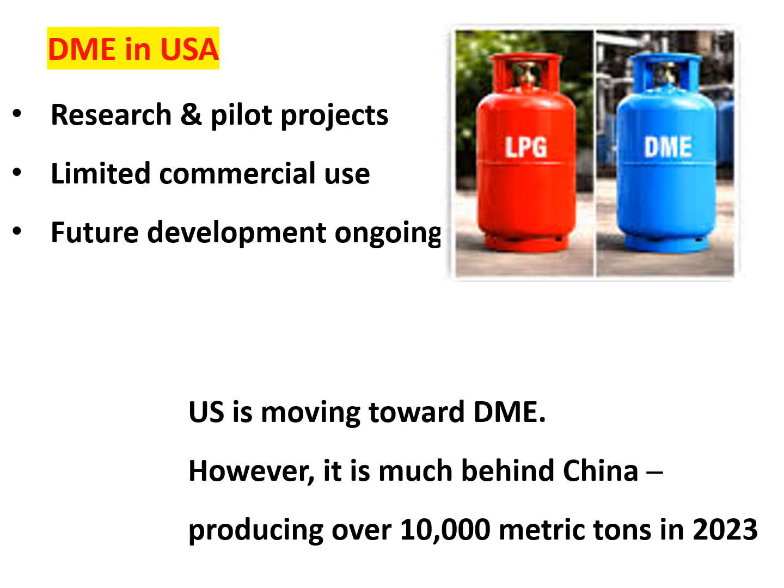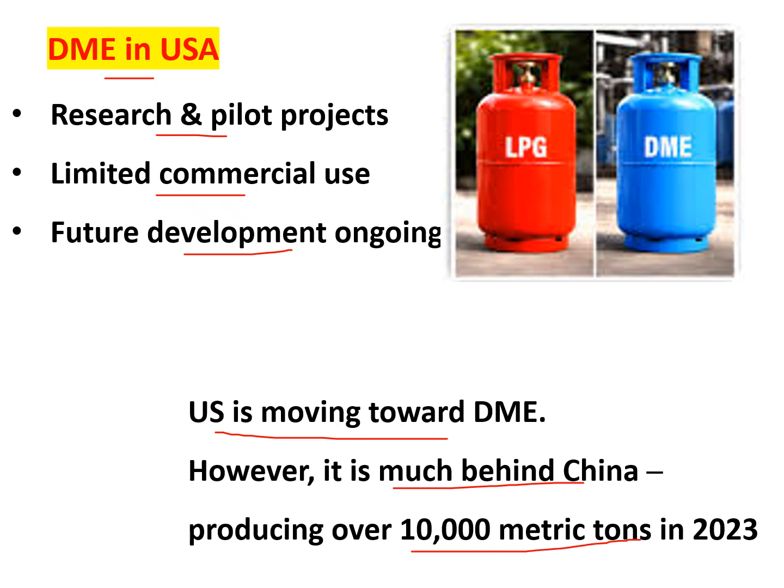The second country using DME, although it is much behind China, is the USA. Research and pilot projects, limited commercial use, future development ongoing. They are still struggling with that. US is moving towards DME, but it is much behind China, producing over 10,000 metric tons.